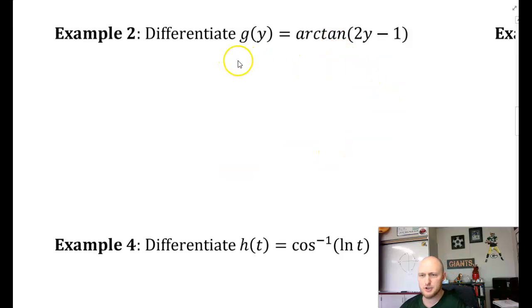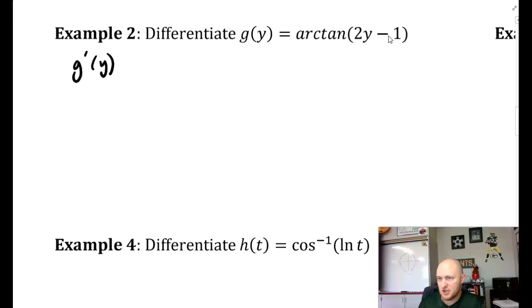All right, example 2. Differentiate g of y is equal to arctan of 2y minus 1. Okay, and I am differentiating with respect to y, so I don't really have to worry about implicitly differentiating. This is just defined in terms of y. So the derivative of arctan is 1 over 1 plus x squared.